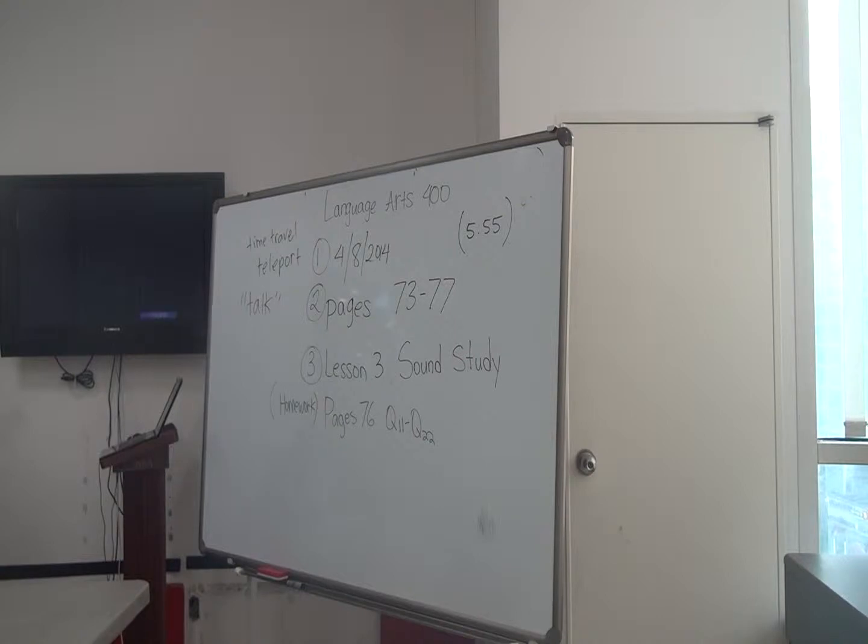Each letter in the alphabet stands for either a vowel or a consonant. The vowel letters are A, E, I, O, U. Good. The other letters are consonants.